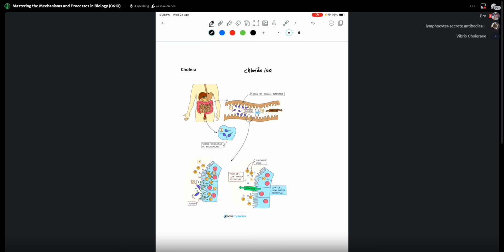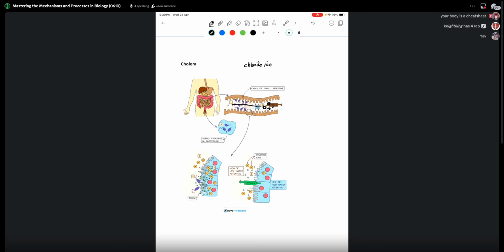But before that happens, it has to produce the toxin and secrete it into the small intestine. Yes, this is the small intestine. So they will secrete a lot of these. After they secrete, it will cause a decrease in the osmotic movement of water into the gut. So this tells you that they prevent the reabsorption already.